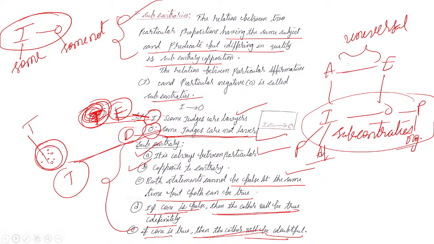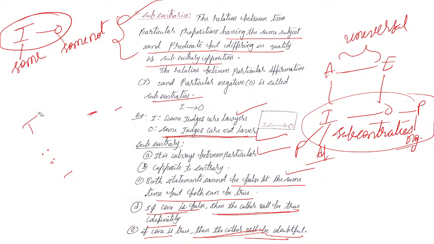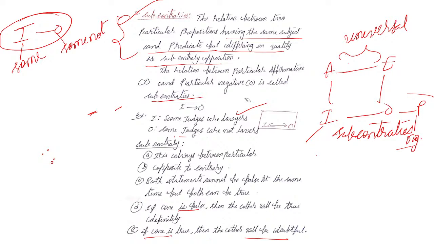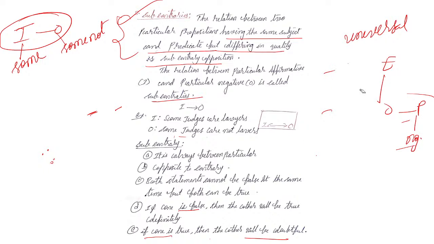This is just opposite to the contrary. In contrary, we are saying that if one is true, the other will be false definitely, and if one is false, we cannot say about the other one. In contrary, both can be false, but both cannot be true at the same time.